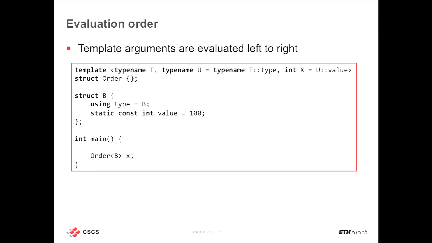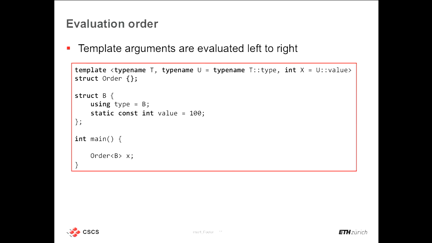So this is a typedef in the new C++11 standard. It's just a type definition, and type will be equal to B. And value is a static constant value, which is 100, which means it is available at compile time.